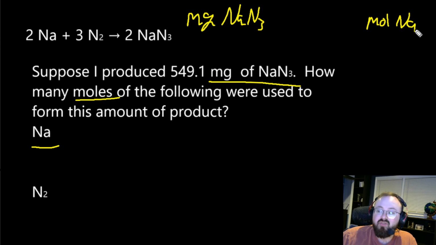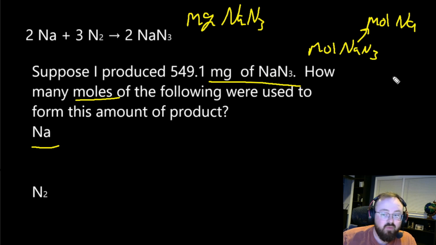Again, we can't do this conversion one-to-one. But if we start to think about this and start to take into account what we've been working on, we know that we can always go from moles of NaN3 to moles of Na. We have that relationship because we have a chemical reaction here.